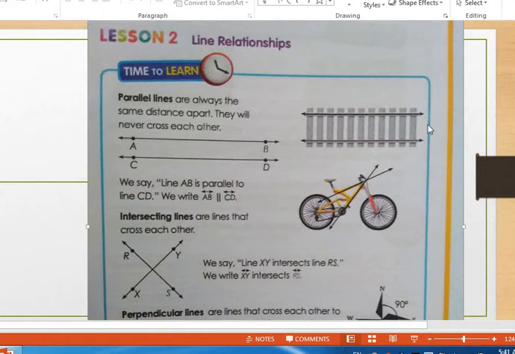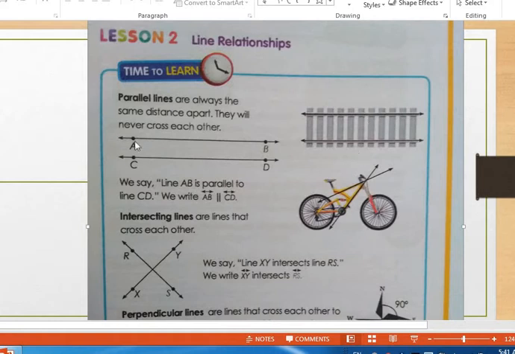So this is called parallel lines. These two opposite lines are parallel. They never meet at a point, and the distance between them always stays the same. They never cross each other, like here, the train rails.